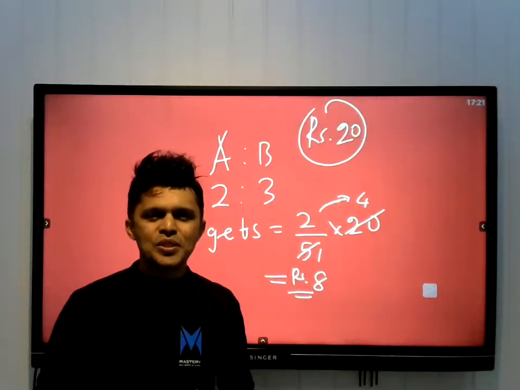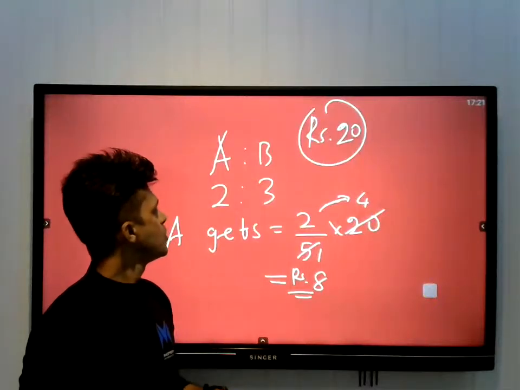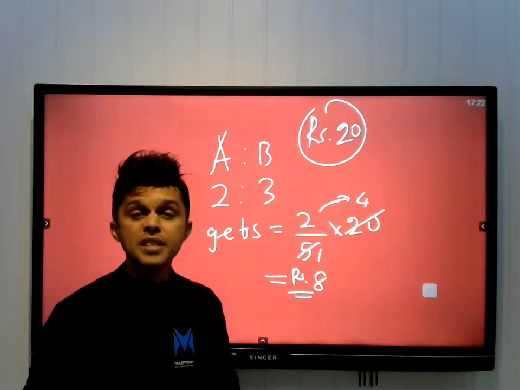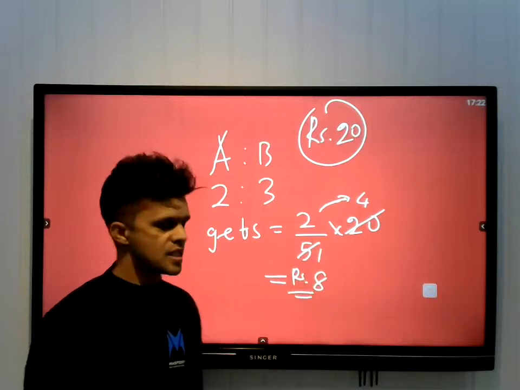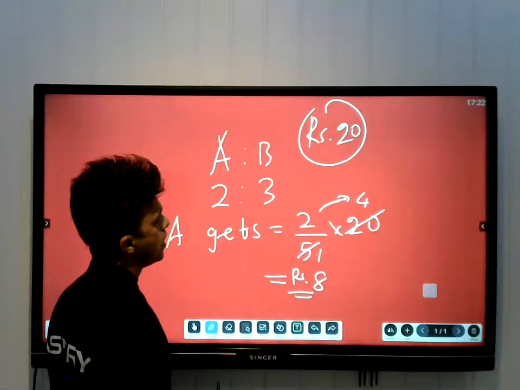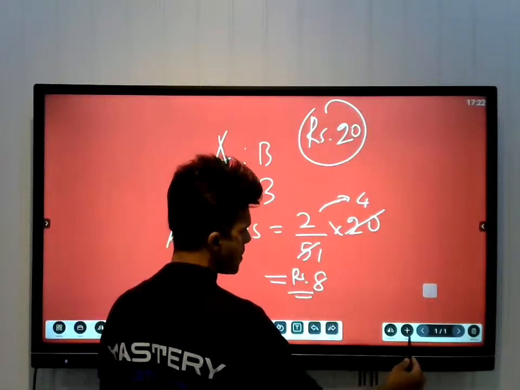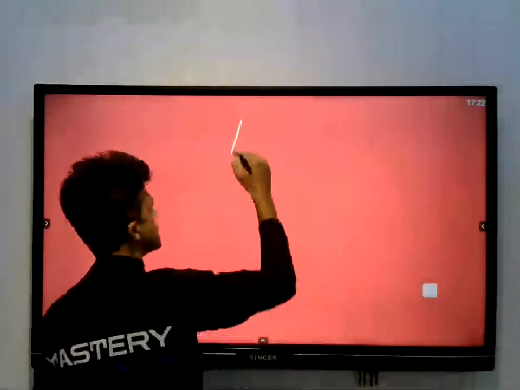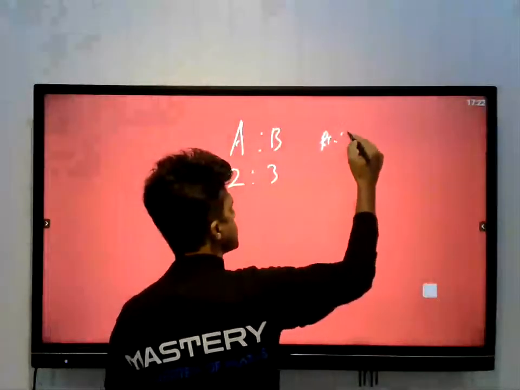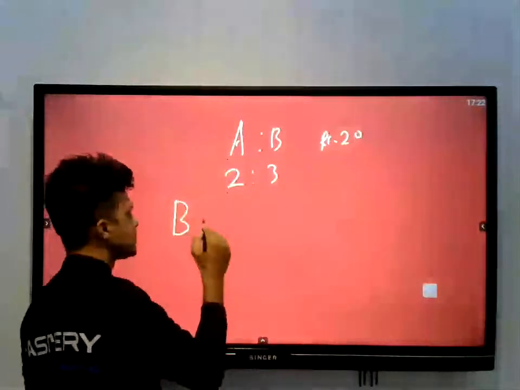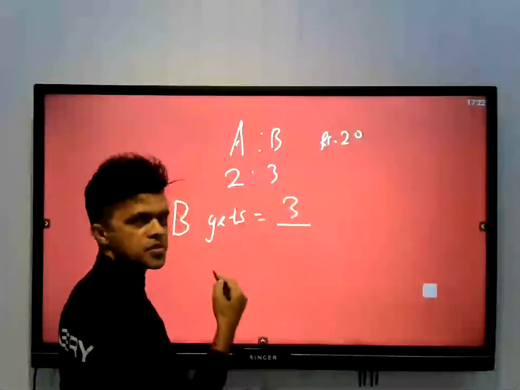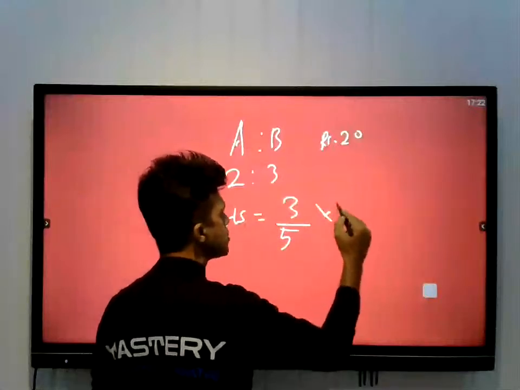In that sense also you can get the amount taken by B. Or B gets 3 over 5, since 2 plus 3 is 5, into 20.